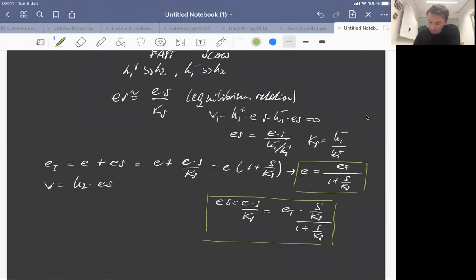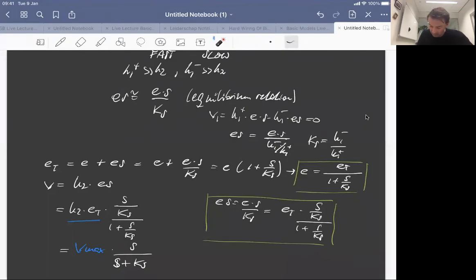Now we can substitute in this equation, and then we arrive at K2 times E total times S divided by Ks, over 1 plus S divided by Ks. Now, this we recognize again as Vmax times S over S plus Ks. So this looks very similar to the Michaelis-Menten relationship before, but then the Ks was the Km.